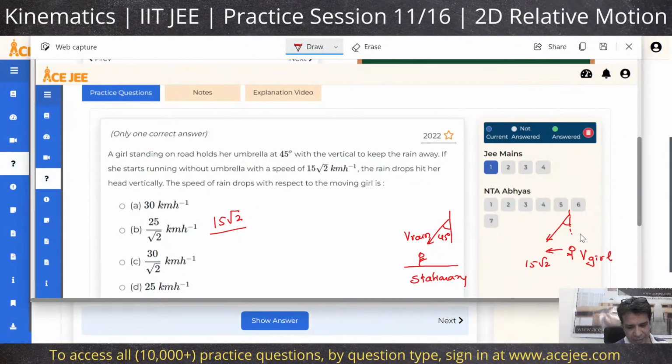Sorry, beta, how did... okay, I see. This is 15 root 2 only. There is a bit of a learning lesson there, right, Ruchika? Yes, sir. Okay.